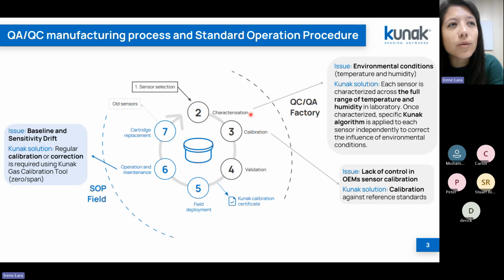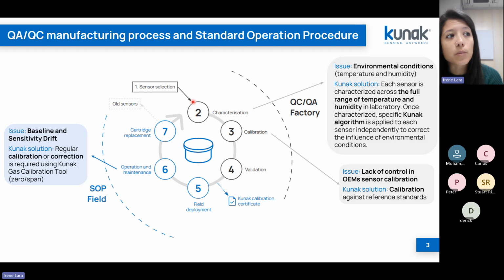As you probably know, the gas sensors are impacted by the environmental conditions, mostly temperature and humidity, and these environmental conditions can influence the sensor signal. For example, with high humidity transients they can give false positives and other impacts that decrease the accuracy of the sensor.